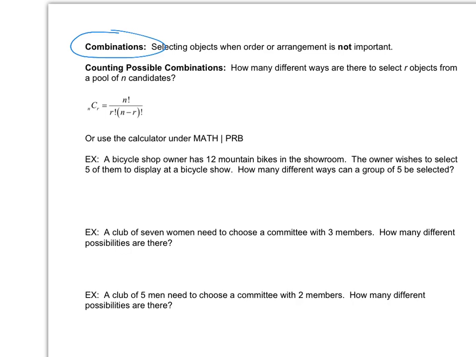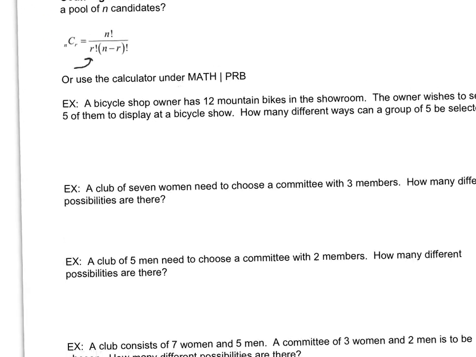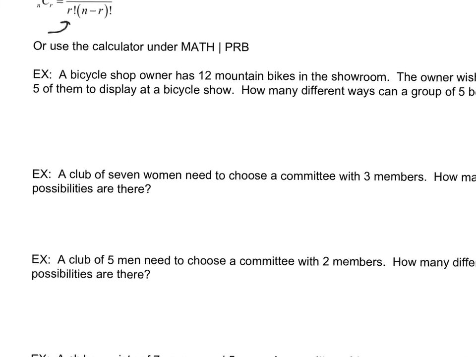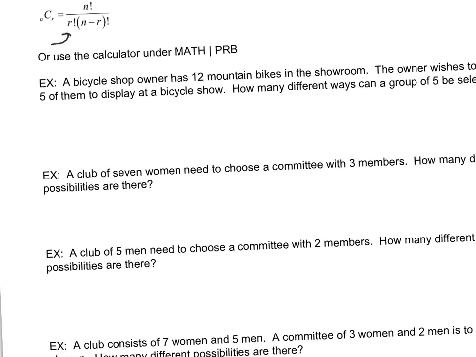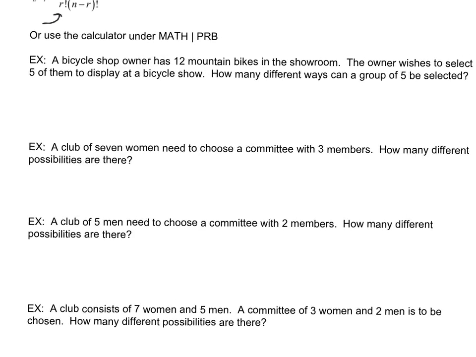So it's very similar to the permutation formula. nCr, n choose r, is n factorial over n minus r factorial, which is the same. But the thing we add is we divide by an extra r factorial. So the computations get a little more complicated, but not terrible. So again, combinations, the order does not matter. The permutations, the order does matter.